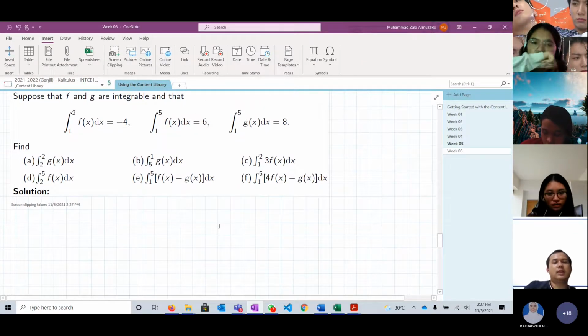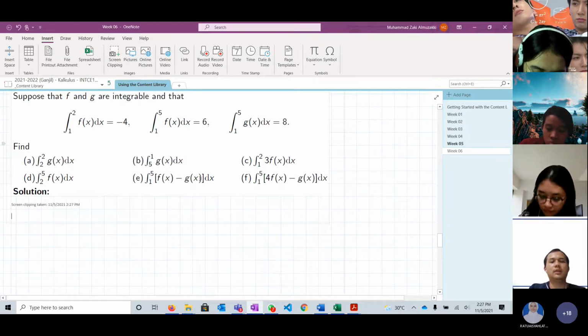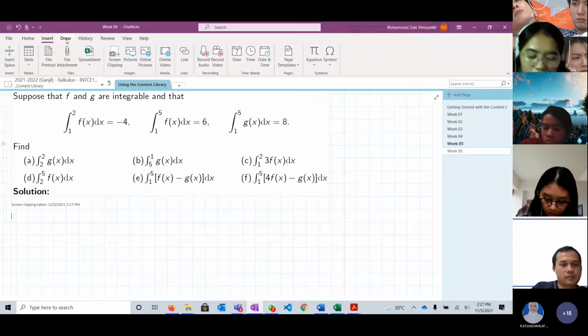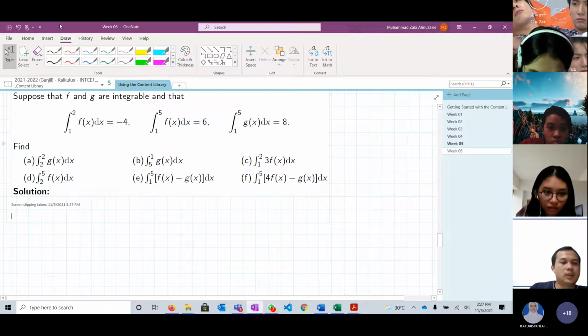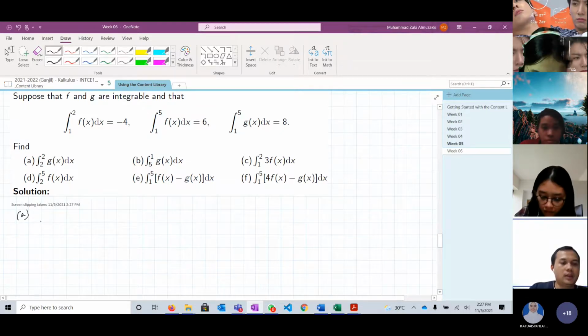Suppose that f and g are integrable and that the value of the integrals are as given here. So find the first one, A. Integral from 2 to 2 of g(x) dx.